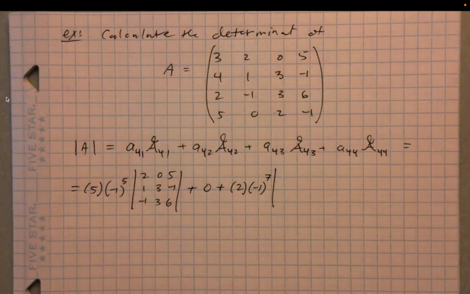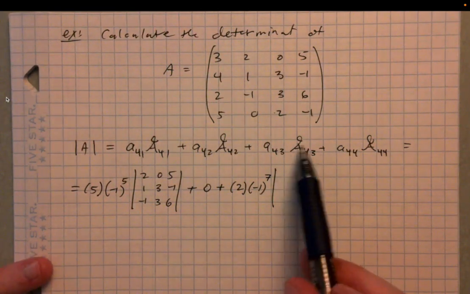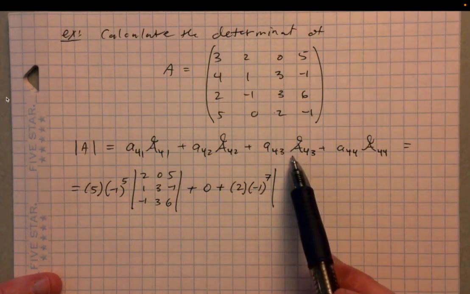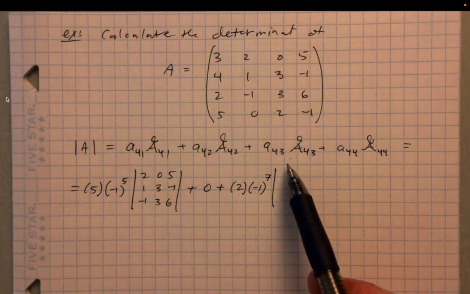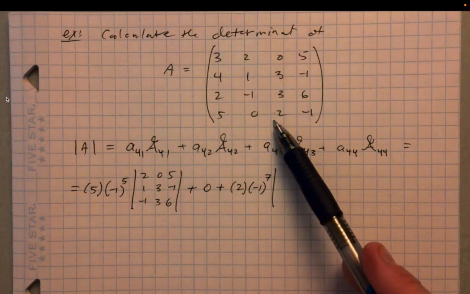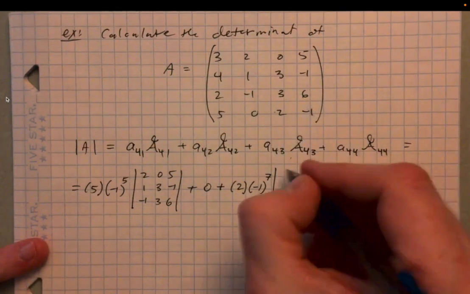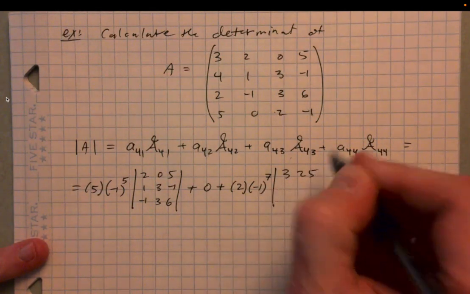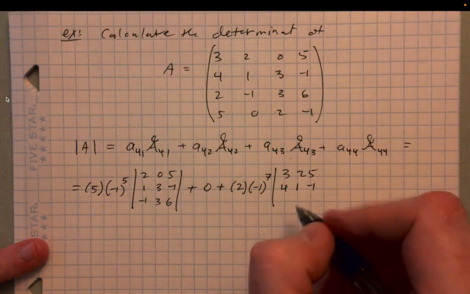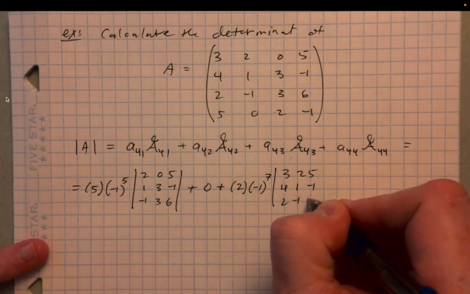Okay, and then the minor here is going to be obtained by finding the determinant of the 4,3 submatrix. So delete the 4th row, 3rd column. Right? And when you do that, you get 3, 2, 5, 4, 1, negative 1, 2, negative 1, 6.